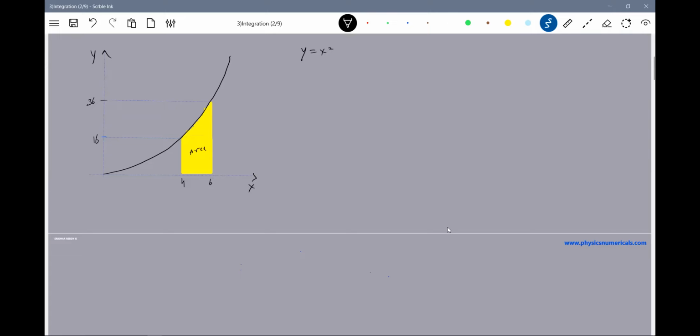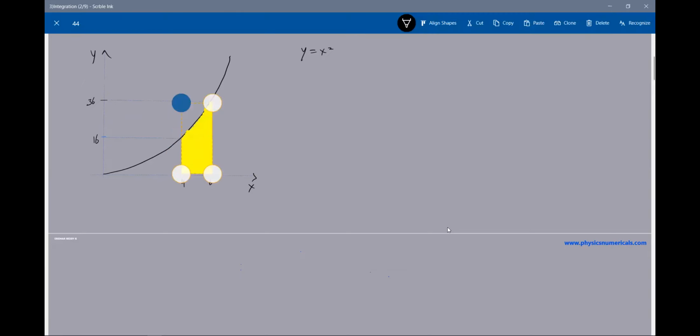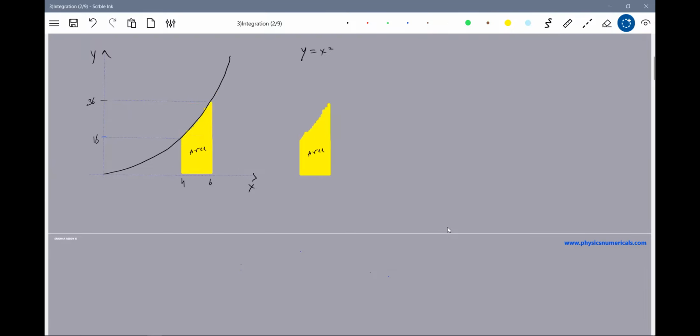Sir, what is that? The similar thing, I will shift it. Now you can see that clearly. Is it really a trapezium? No, we have a curvature here, no? So look at that curvature.